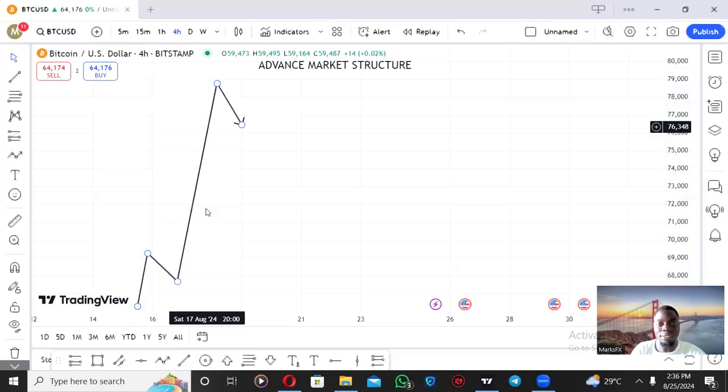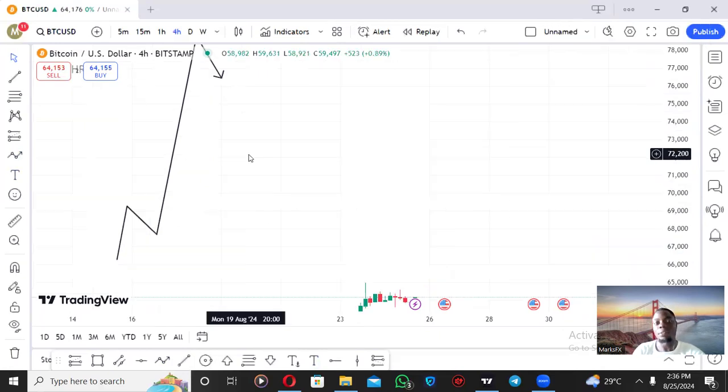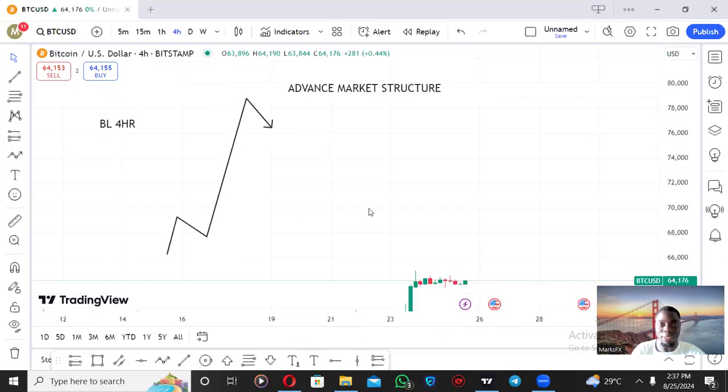Let's take this black line as our 4 hour, okay? Black line, our 4 hour, right? Now this is our 4 hour trend. It is bullish, right? All right, so let's see what happens.